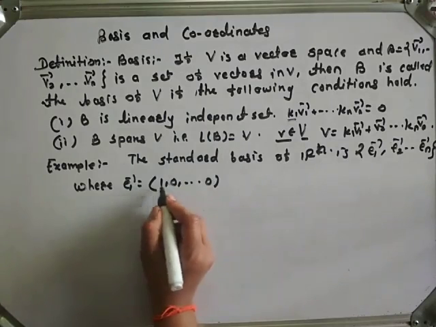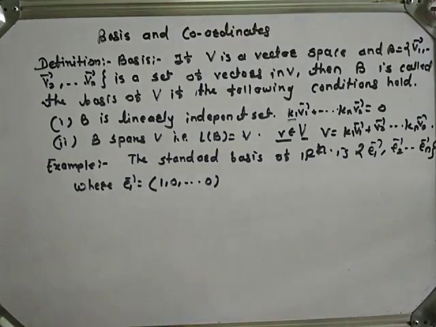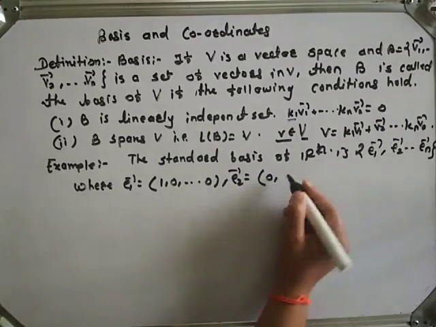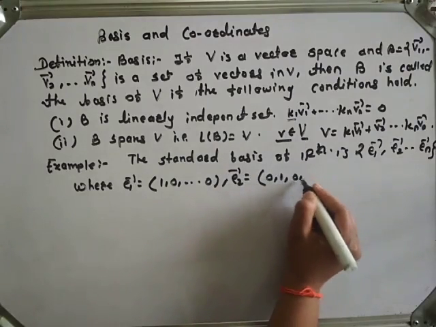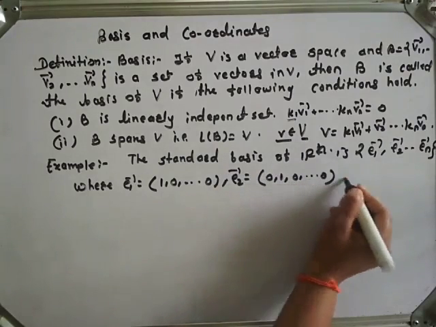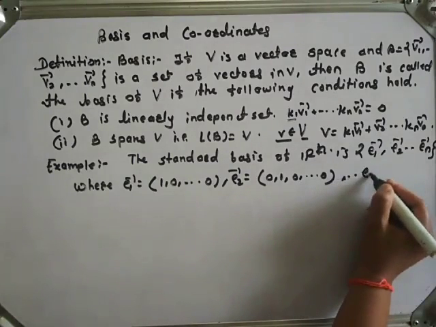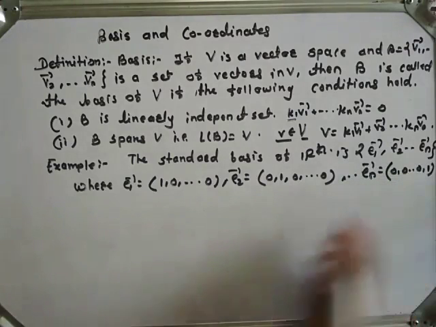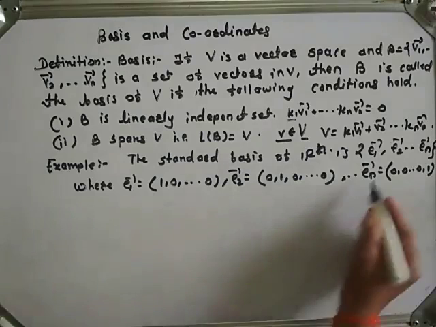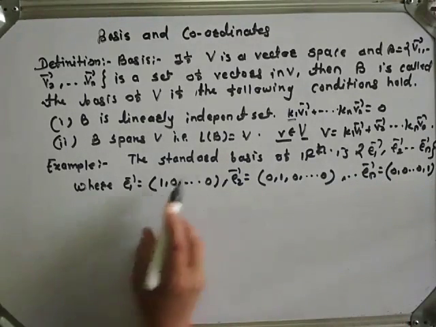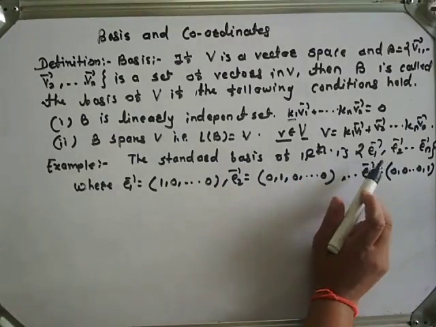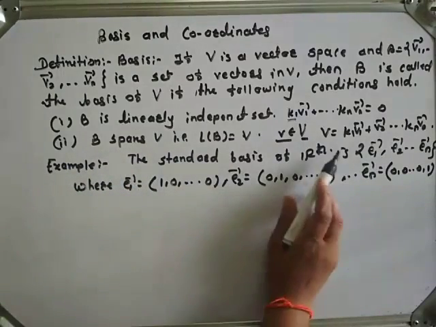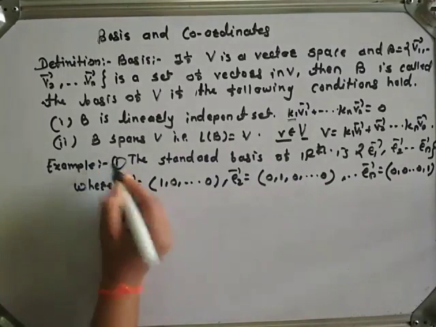Here the first component is 1 and the other components are 0. Next, e2 bar means the first component is 0, the second component is 1 and the other n minus 2 components are 0, and so on up to en bar, where all components are 0 and the nth component is 1. This set forms a basis for Rn because you can easily check this set is linearly independent and spans Rn. So this is first.